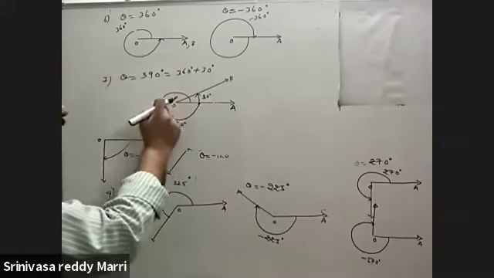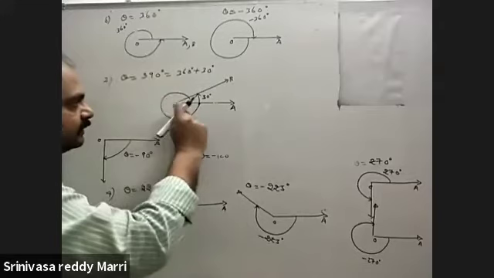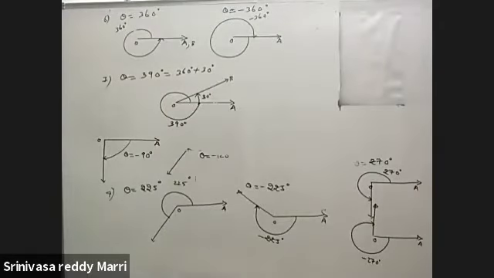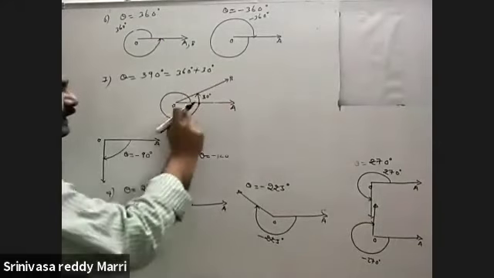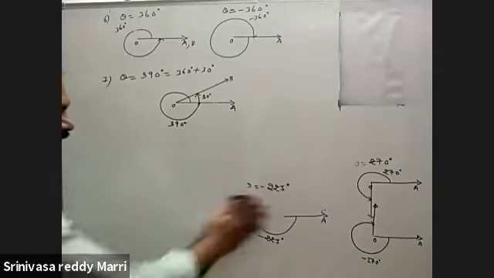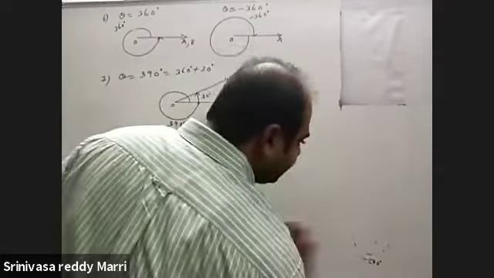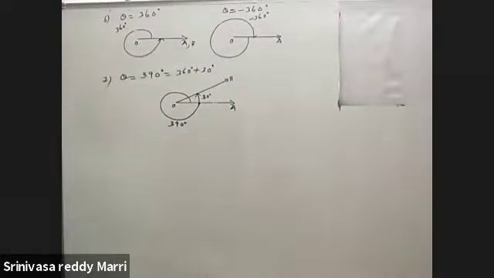So for 30 degree and 390 degree, terminal rays are same. That is how to measure any angle of any magnitude. If positive, measure in anti-clockwise direction. If negative, measure in clockwise direction. That is one unit: degree, minutes and seconds.